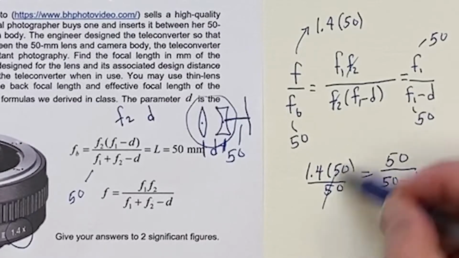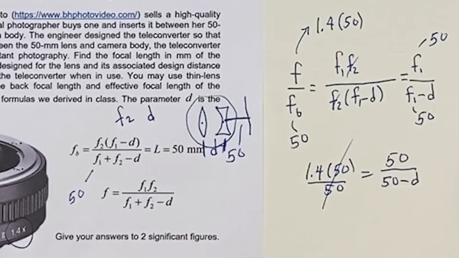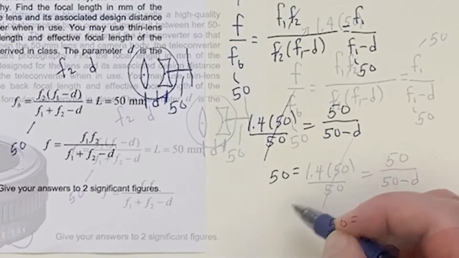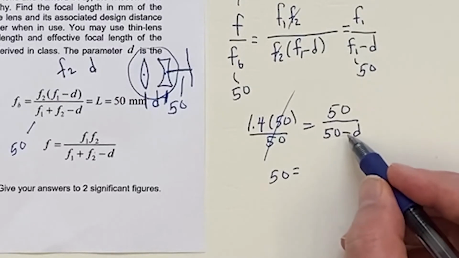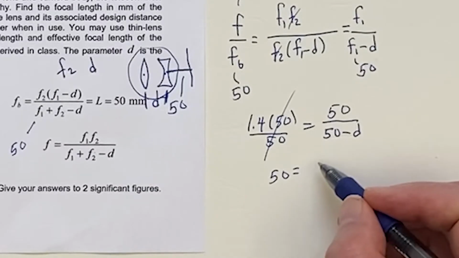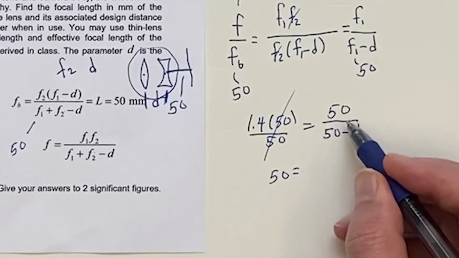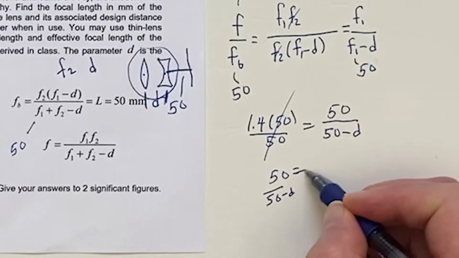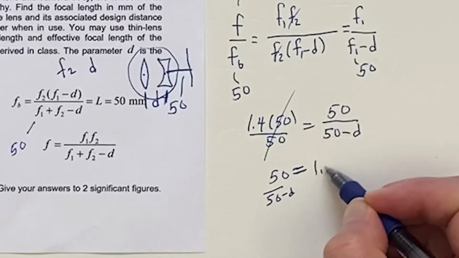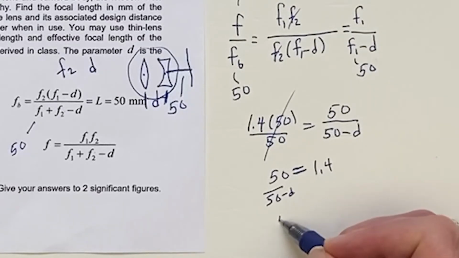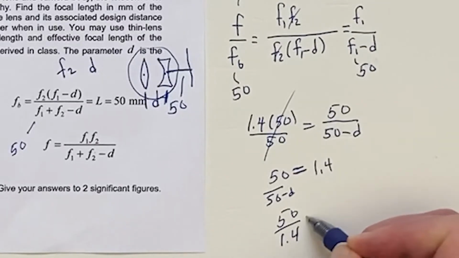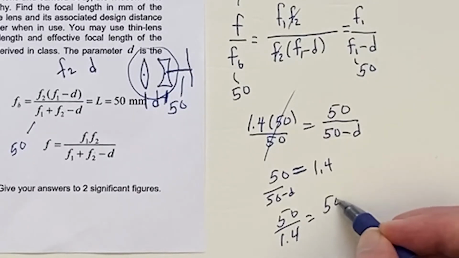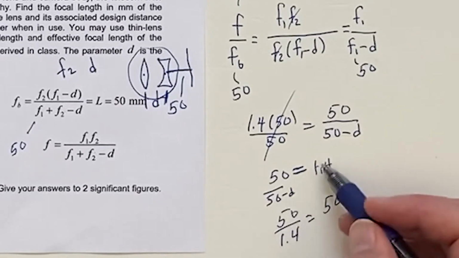Now, what's neat about this is that the 50 over 50 is gone. And that means 1.4 is equal to 50 over 50 minus D, and I'm just going to swap these and go 50 over 1.4 is going to be 50 minus D, just like swap those two.